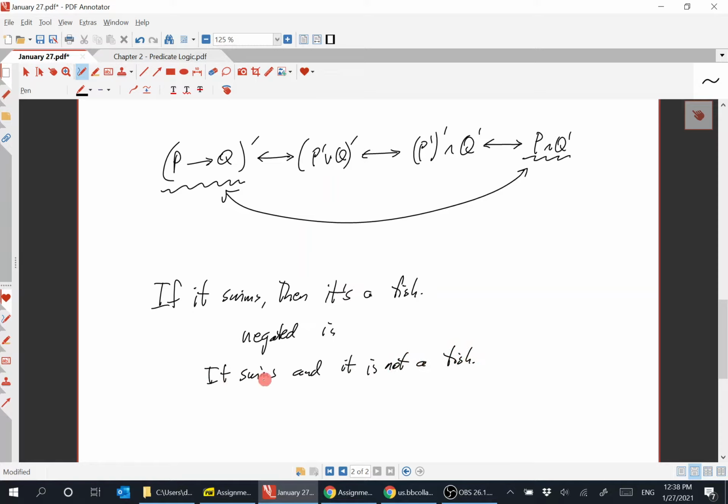Right? You have the hypothesis and you have the conclusion negated. If it swims, then it's a fish. Not is it swims and it's not a fish. Instead of implies or if then, it's and.